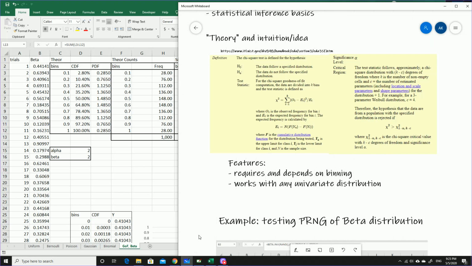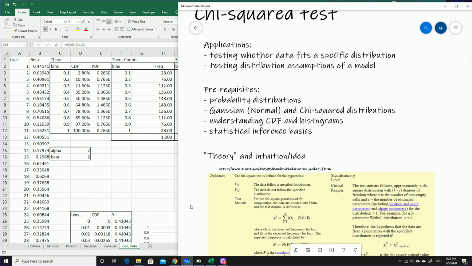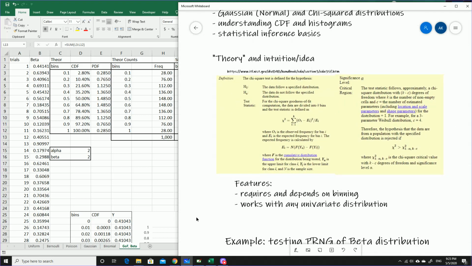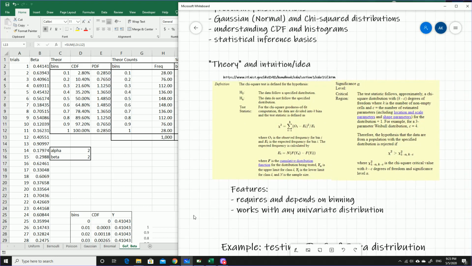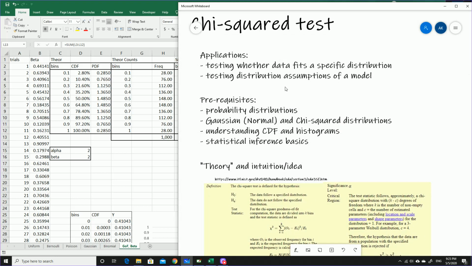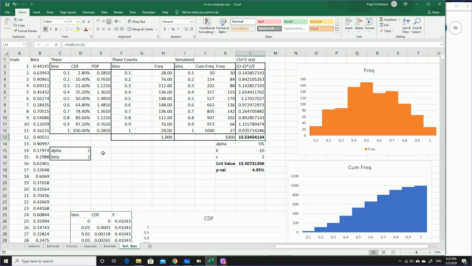What do you need to be careful about? I want to bring this up because it's not emphasized in the handbook, and most textbooks will not talk about it: the importance of specifying the distribution in advance. It's a very important note. If you were estimating your theoretical distribution from the data and then running the chi-square test, it wouldn't be a good test.